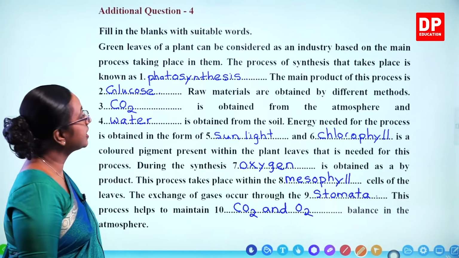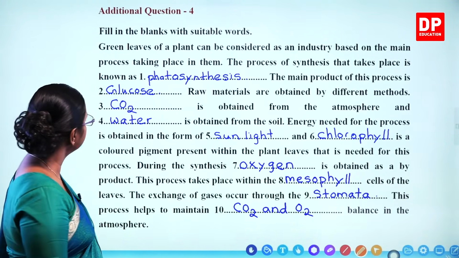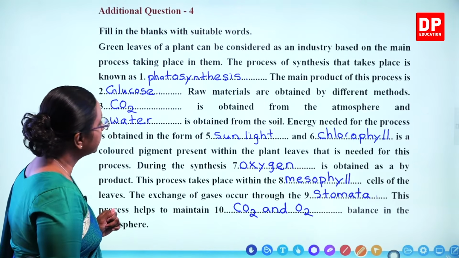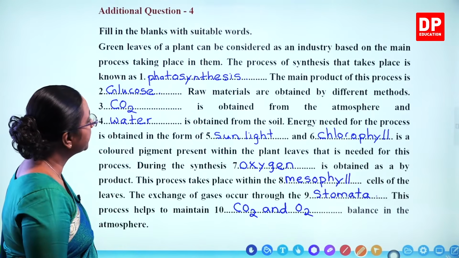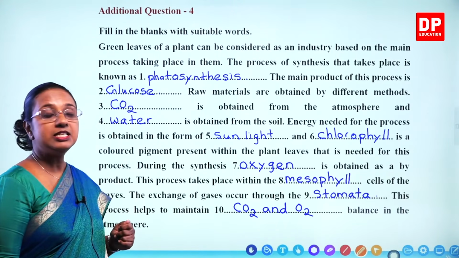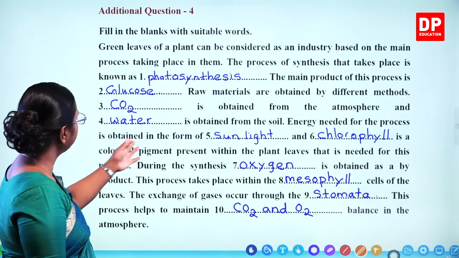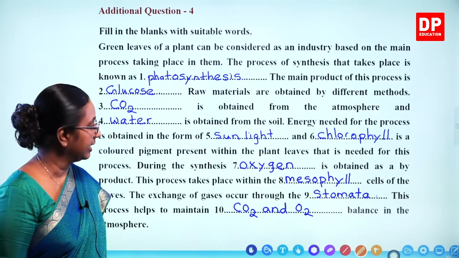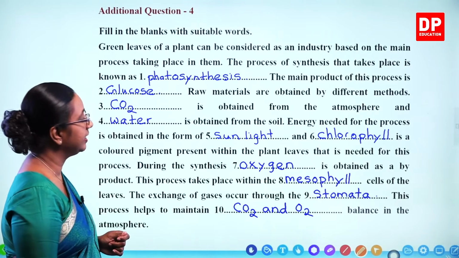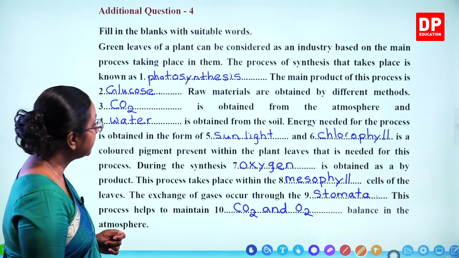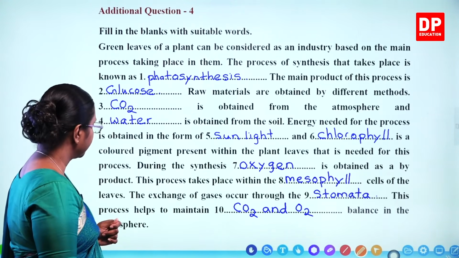Raw materials are obtained by different methods. Carbon dioxide is obtained from the atmosphere and water is obtained from the soil. Energy needed for the process is obtained in the form of sunlight. And chlorophyll is a colored pigment present within the plant leaves that is needed for this process.